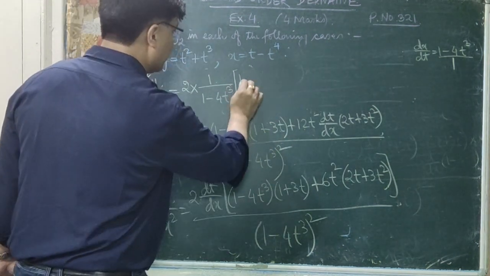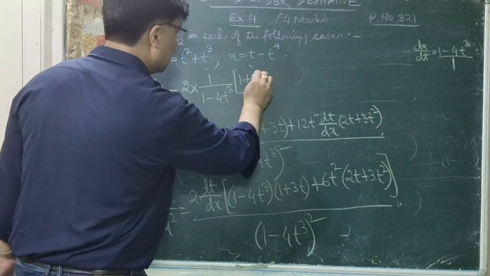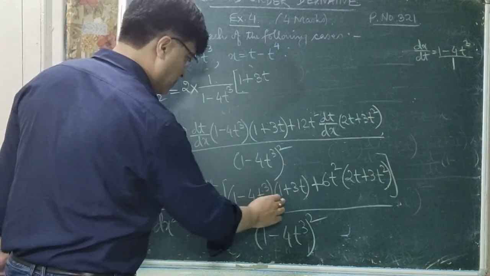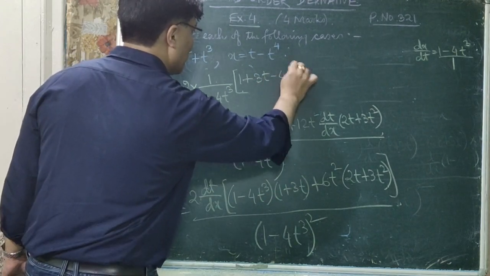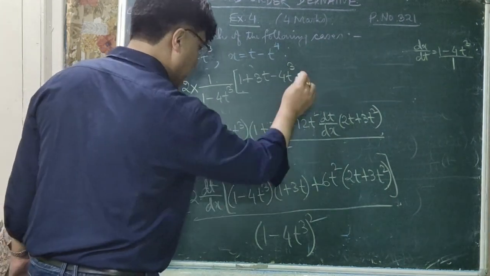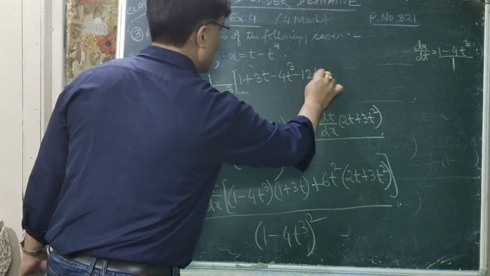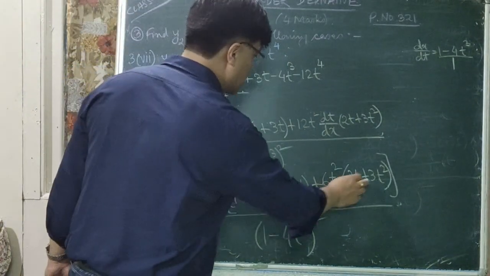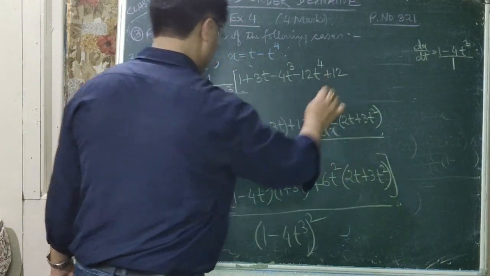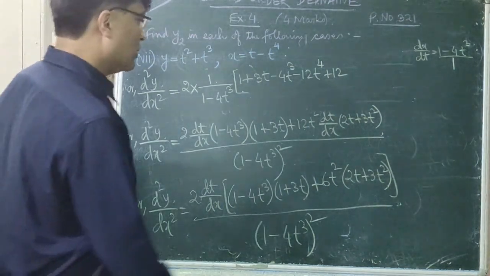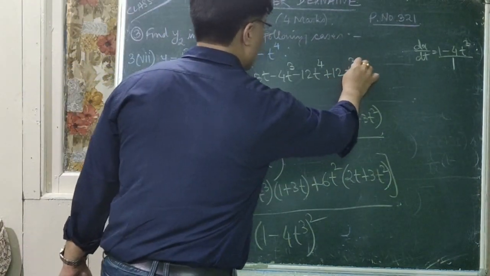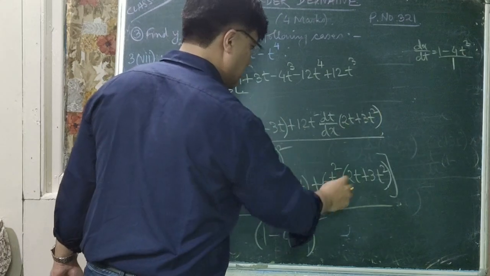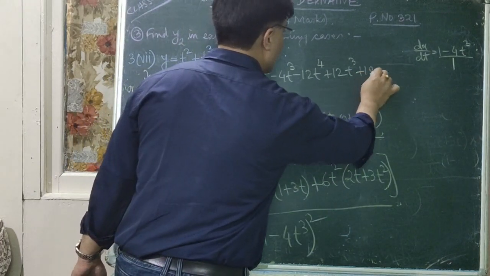1 ones are 1, plus 1 into 3t, minus 4t cube, minus into plus minus 12t to the power 4. Minus 12t to the power 4. Now you can multiply it. Plus 6 2s are 12t cube, plus 6 3s are 18t to the power 4.